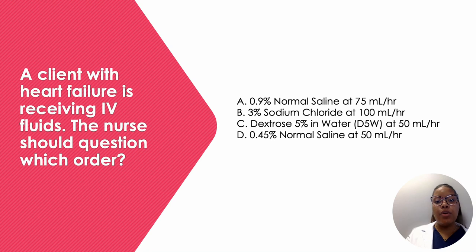But we know that that patient cannot be receiving that hypertonic solution, because it is going to draw water out of the cell into the intravascular area. So I hope you guys got this one correct. I know I was kind of lengthy with the response a little bit.